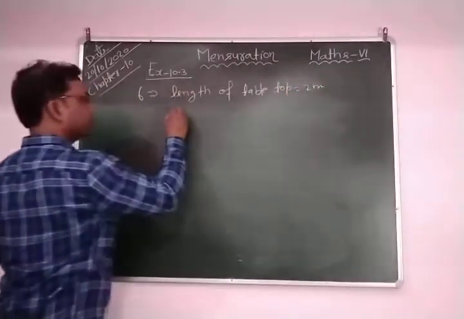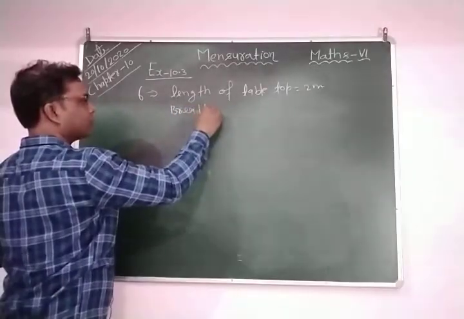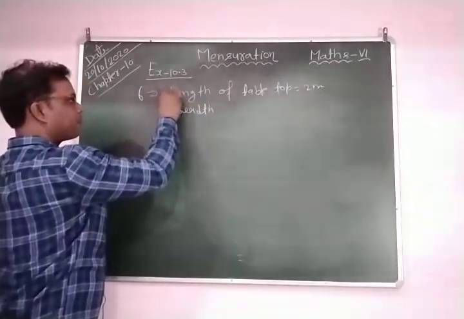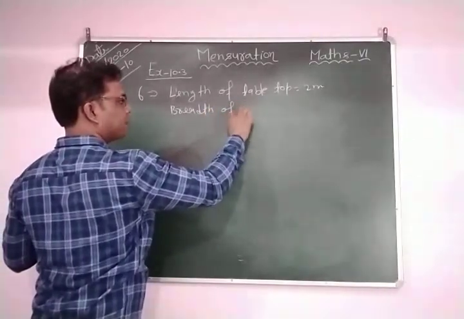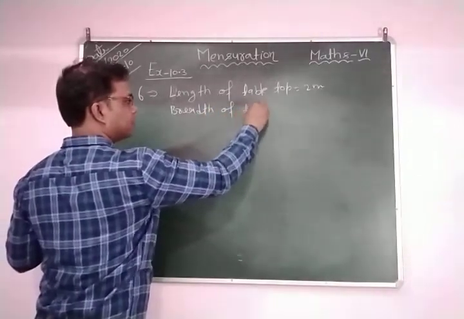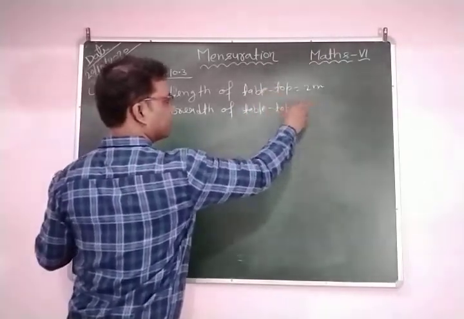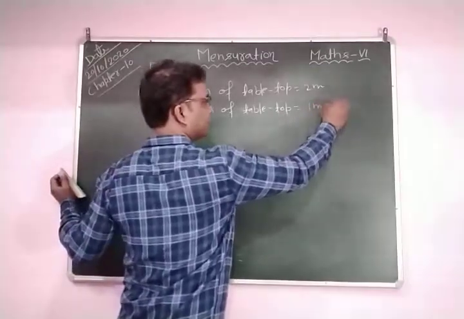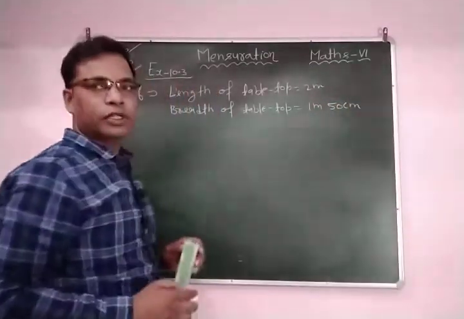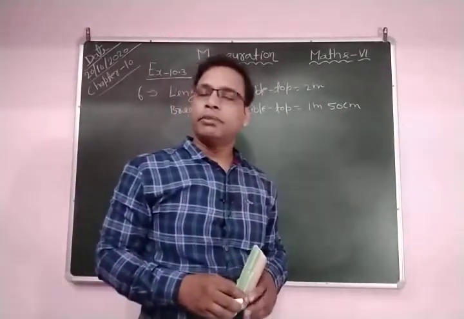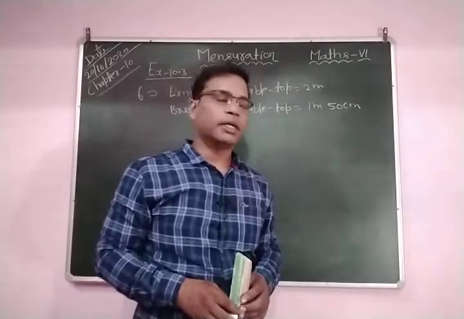Breadth of tabletop is equal to 1 meter 50 centimeter. So first we convert 50 centimeter into meter. After this we find the area of the tabletop.